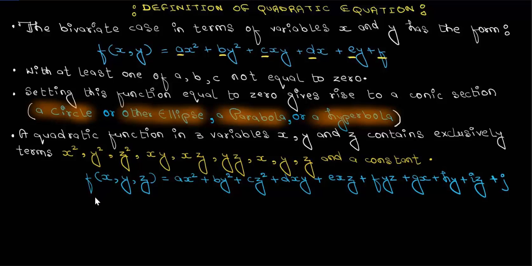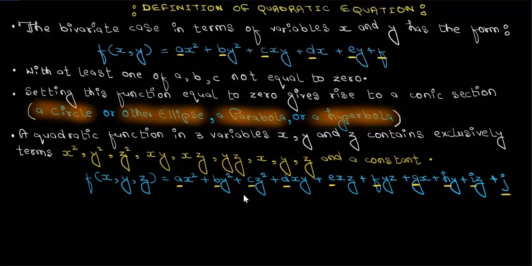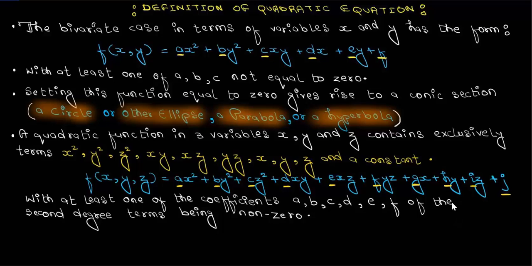We will represent it as f(x, y, z) equal to ax square plus by square plus cz square plus dxy plus exz plus fyz plus gx plus hy plus iz plus j, where a, b, c, d, e, f, g, h, i, j are numbers belonging to R, with at least one of the coefficients a, b, c, d, e, f of the second degree terms being non-zero.